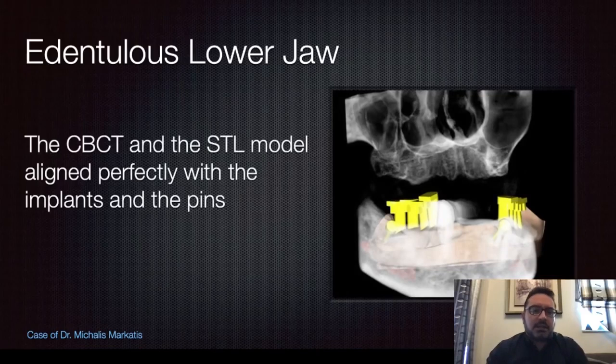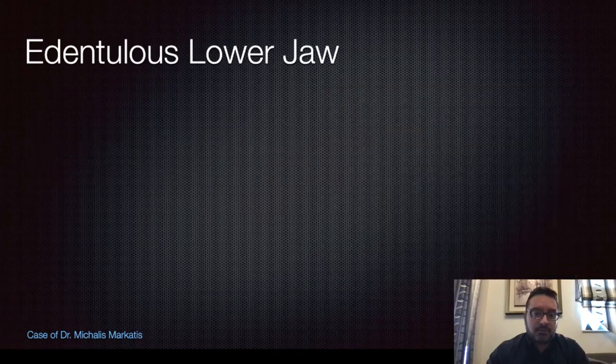We make the matching to the CBCT and the STL model, and it was perfectly aligned because the patient used a custom R2 tray that was made by our partner R2 lab, Dr. Michalis Papastamos. And here you can see how the implants are fitted into the mouth.